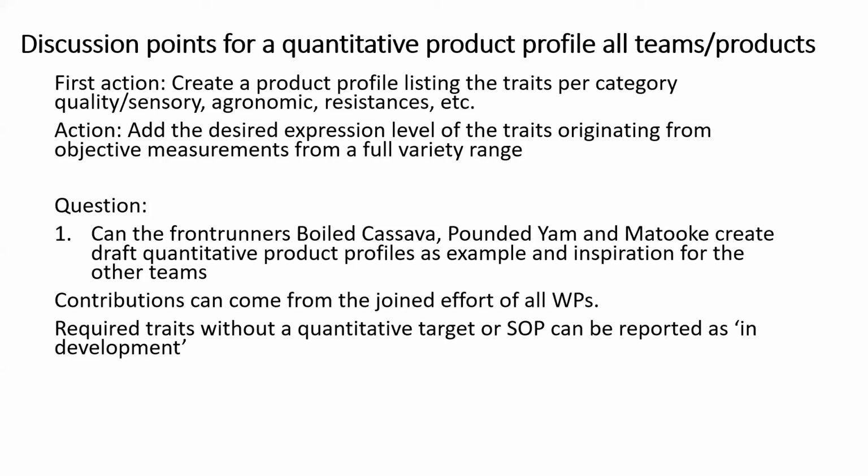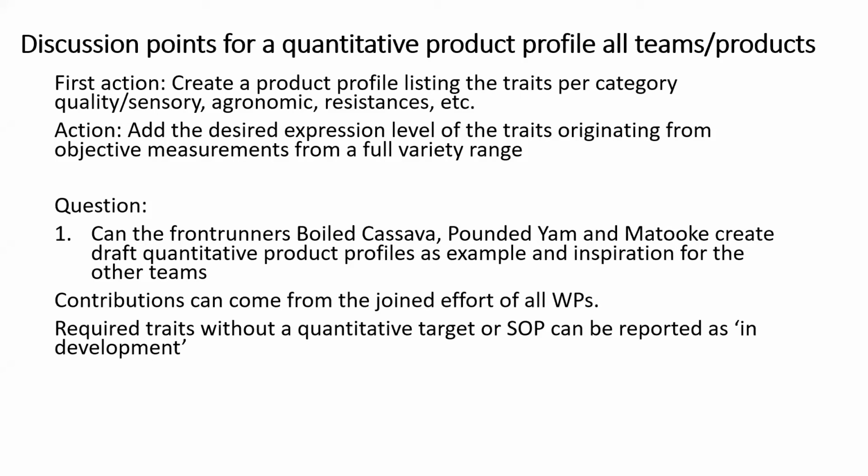The very next step is to add the desired expression levels of those traits in terms of objective measurements, and please obtain those measurements from the full variety range and the full trait range. Those two together make a very useful product profile.